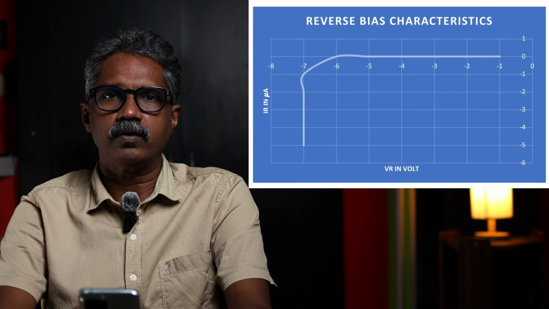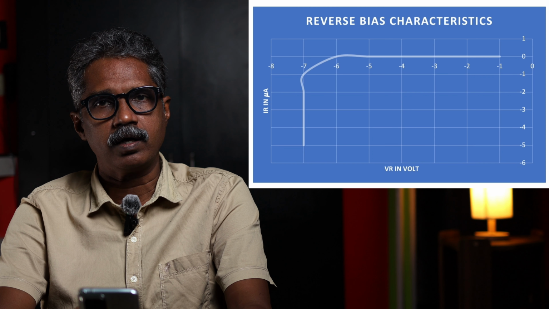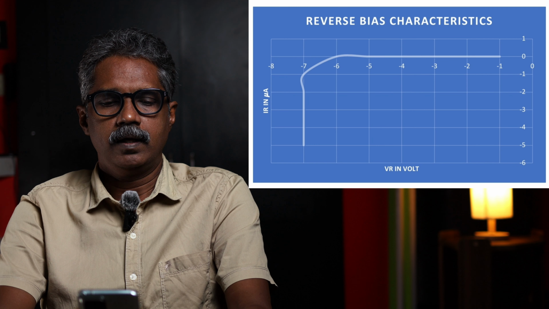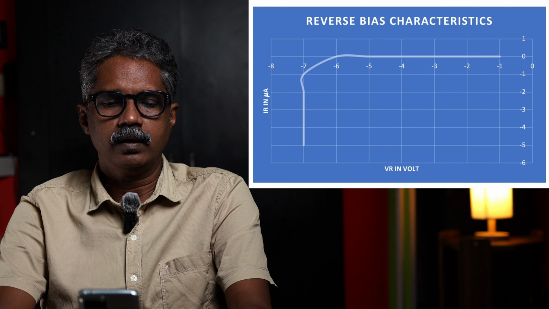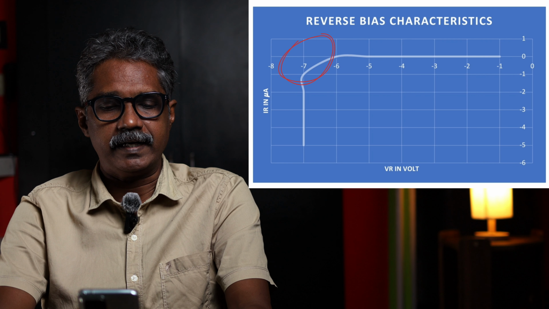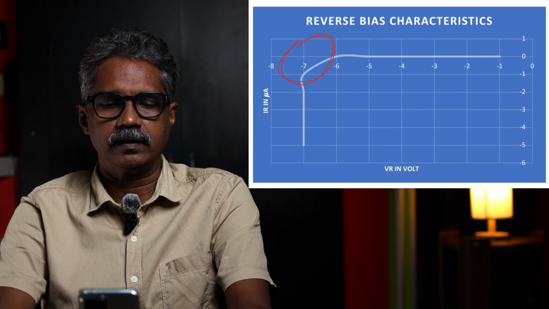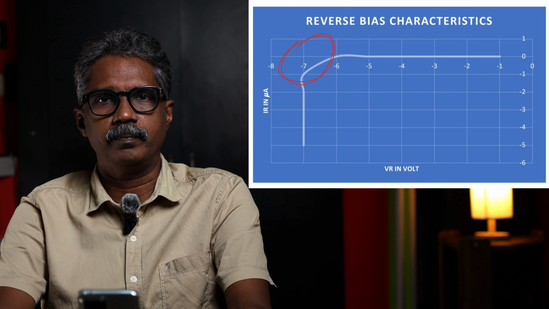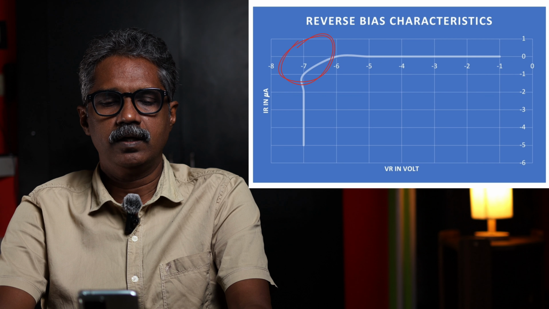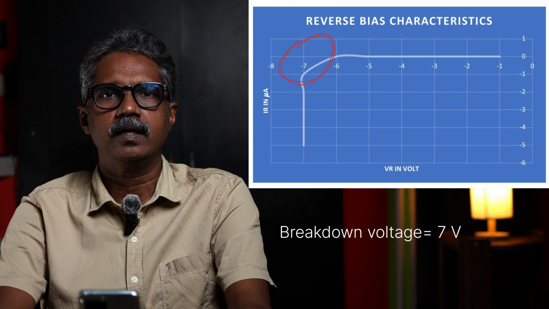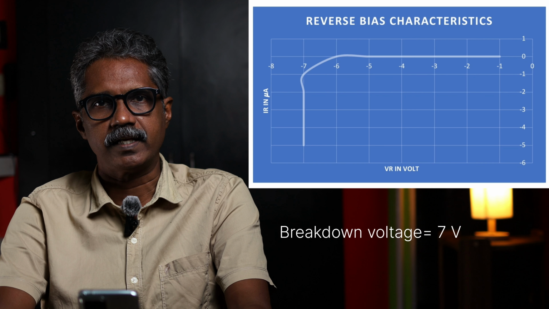Afterwards, when the reverse voltage is increased beyond 6 volts, say 7 volts, we are seeing a sudden rise in the reverse current. So you are getting an almost straight line graph. That is because of the breakdown of the junction. So the 7 volt is the breakdown voltage for this ZENER diode.